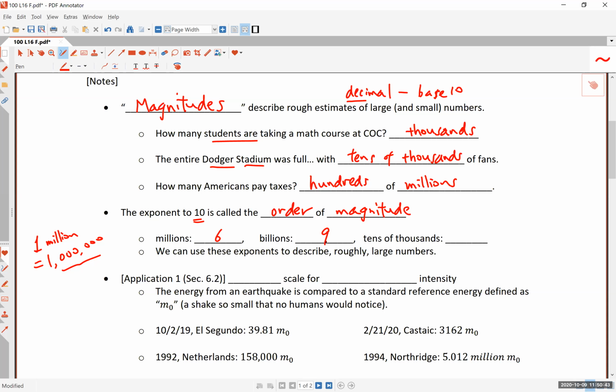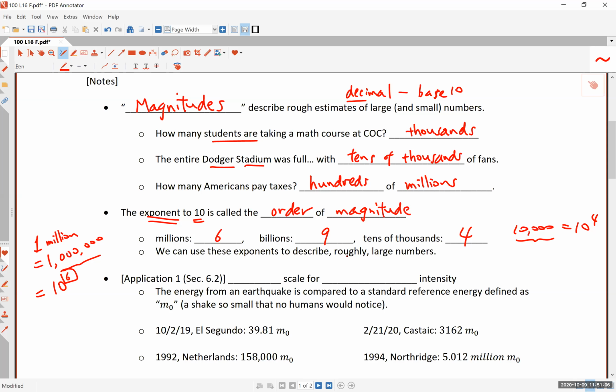All right, tens of thousands. So write down 10,000, and you see that there are 4 zeros. Okay, by the way, this is 10 to the 4th. And I should have said 1 million is 10 to the 6. And so this number, the exponent to 10, that's called the order of magnitude. So for tens of thousands, this will be 4, right?